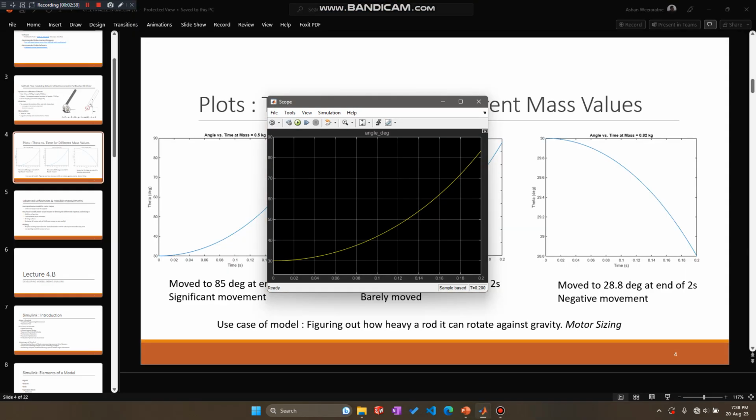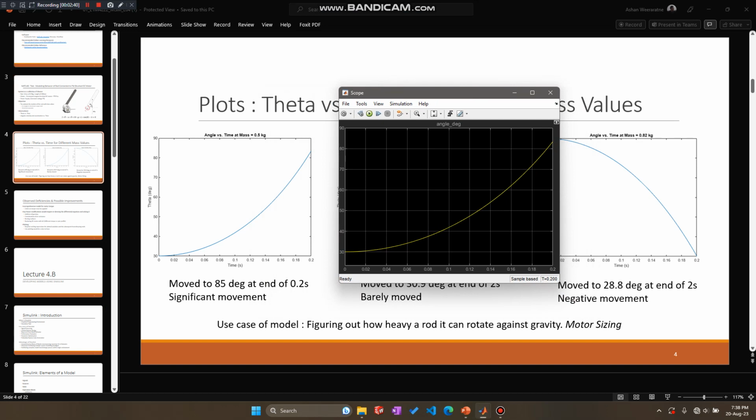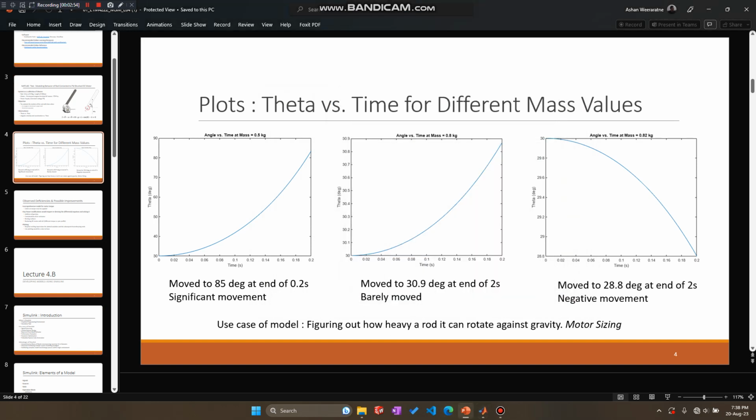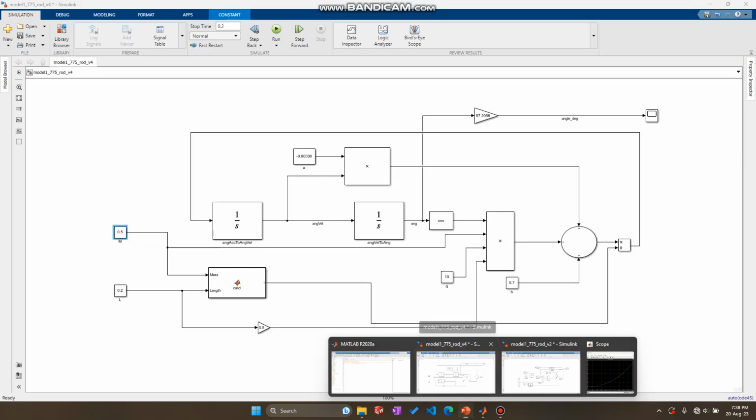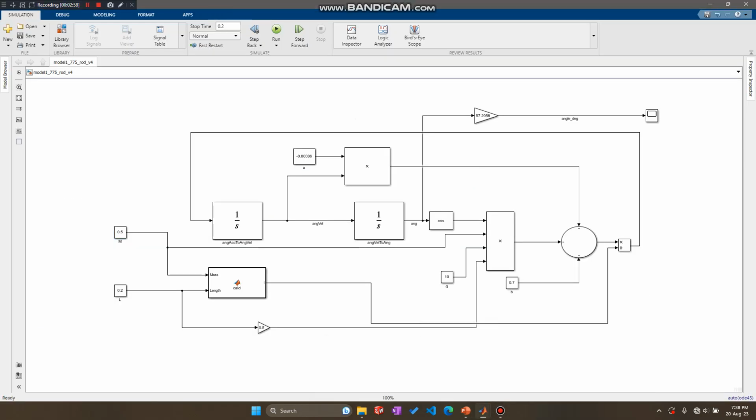Now you see that because I have solved the same equation previously in MATLAB, I have something of a benchmark to compare my results with. Well, not exactly a benchmark, but I do have a means of ascertaining to a certain level that I have modeled, implemented and solved the ODE properly in Simulink.